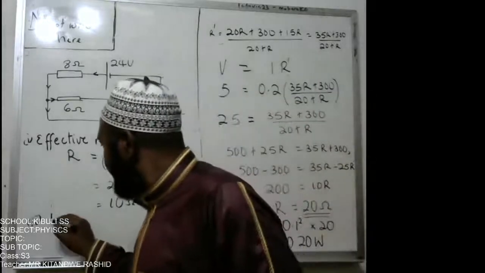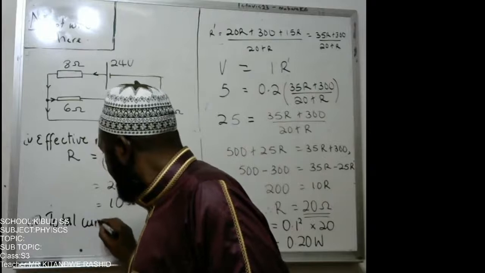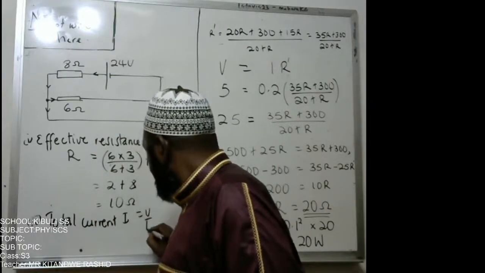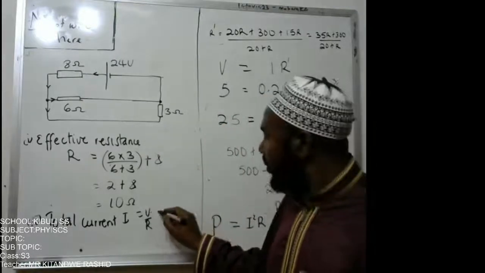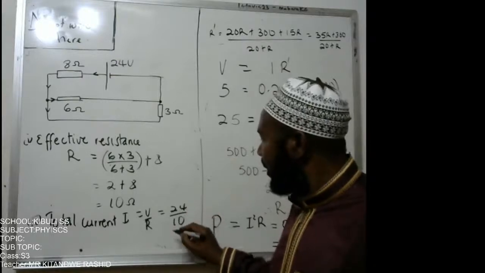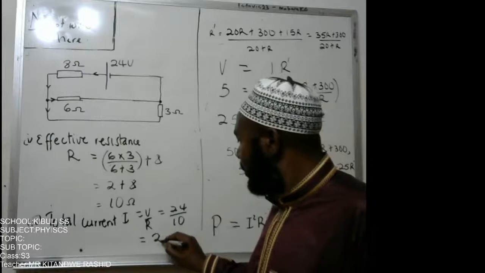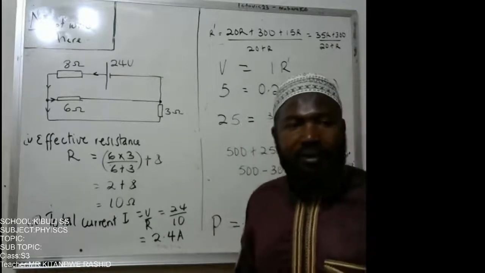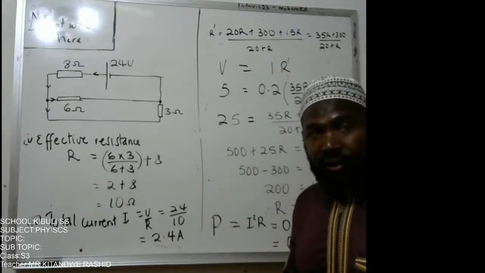Total current I is equal to V over R, where V is the total voltage in the circuit, which is 24, divided by the total resistance, which is 10. So that one you are going to get the current to be 2.4 amperes. That is the total current in the circuit.